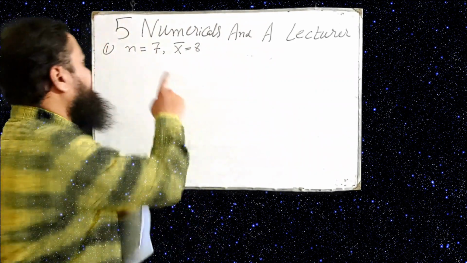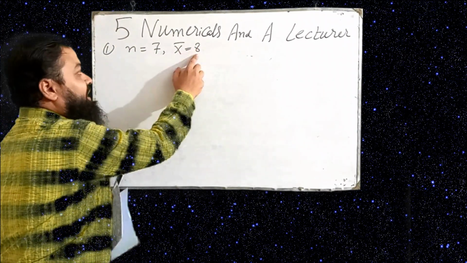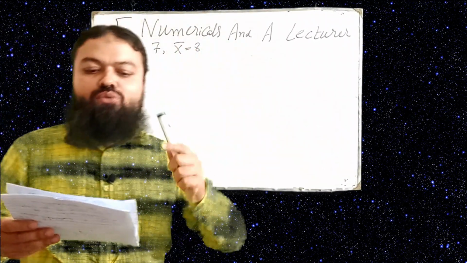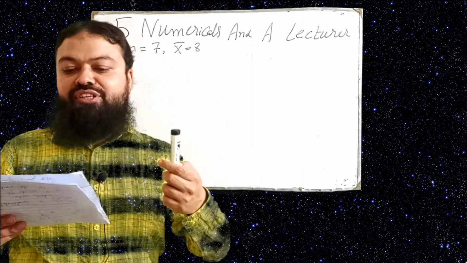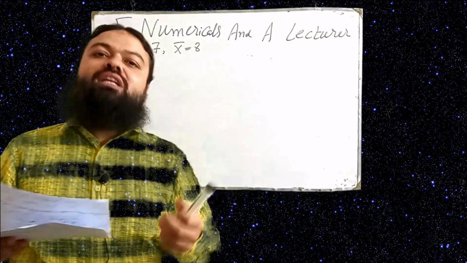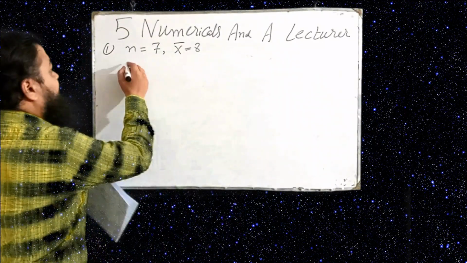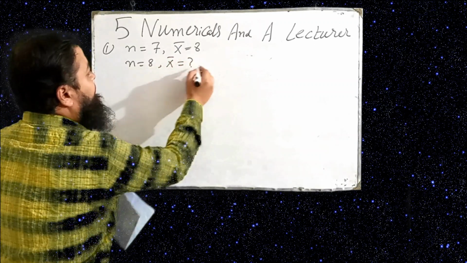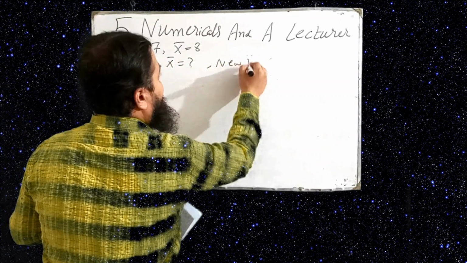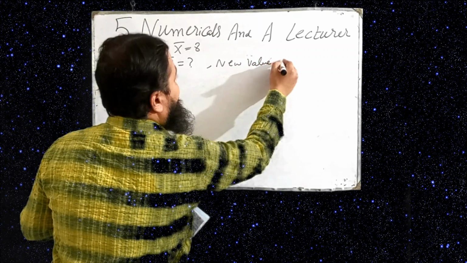The mean of 7 observations is 8. A new observation 16 is added. The mean of 8 observations, you will have to calculate. Now there are 8 observations and you will have to calculate the mean when the new value is 16.